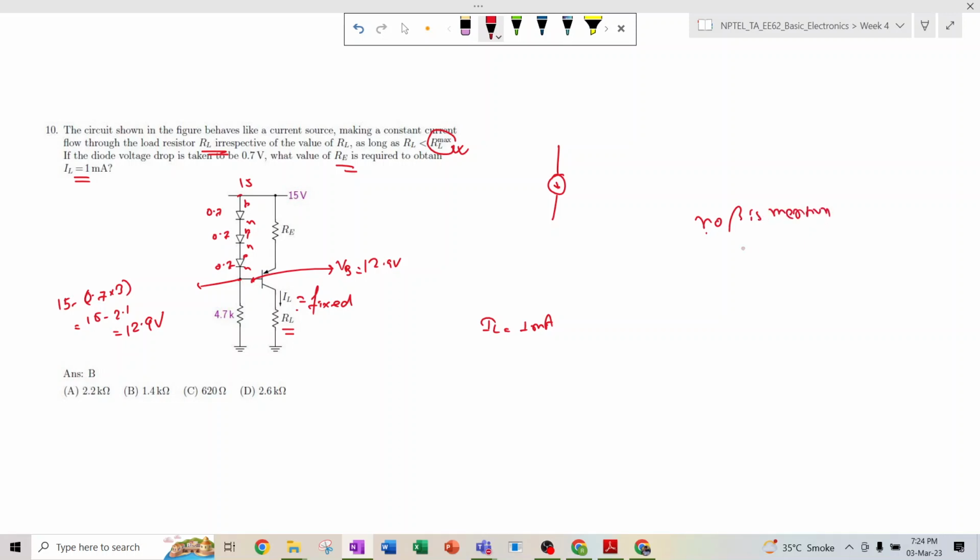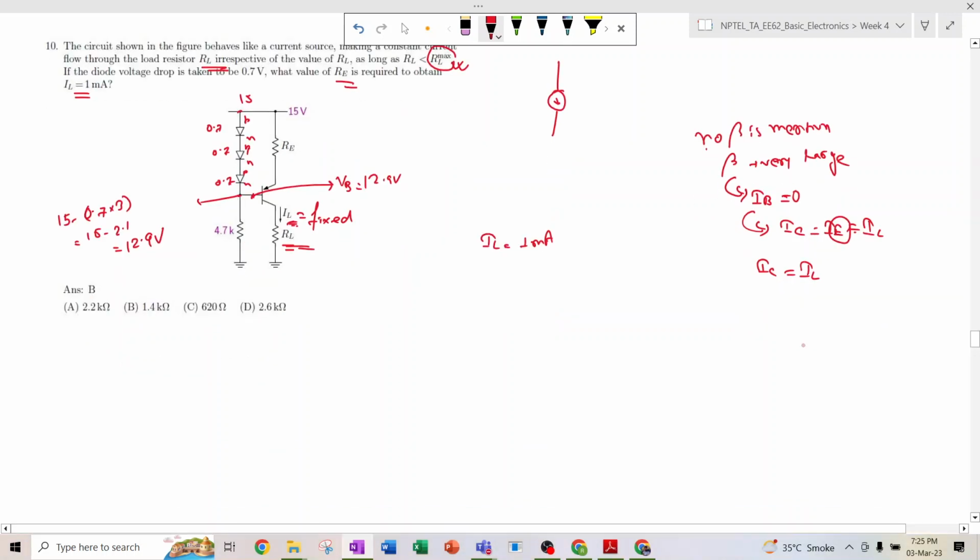That means the beta is very large, and as I have already discussed in the earlier section, if beta is very large, that refers to the base current being equal to 0, which also refers to the collector current being equal to the emitter current. This emitter current is nothing but the load current, because in the emitter we have applied one load RL. So this IC should be equal to IL.